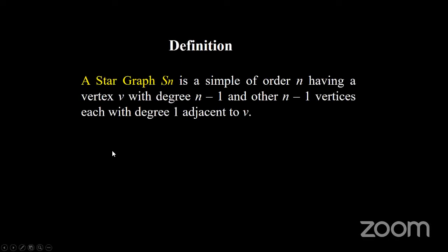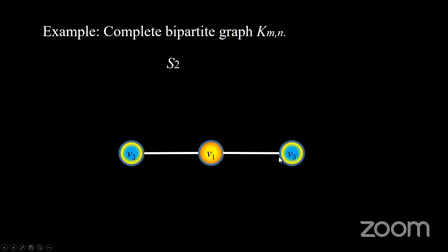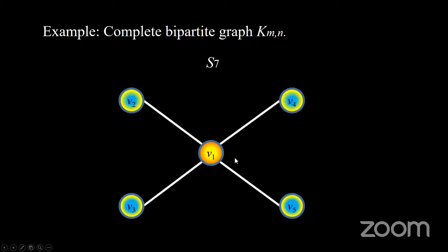This one is the star graph, so we call it Sn. This is S2, the star: you have the middle one, and two hands.